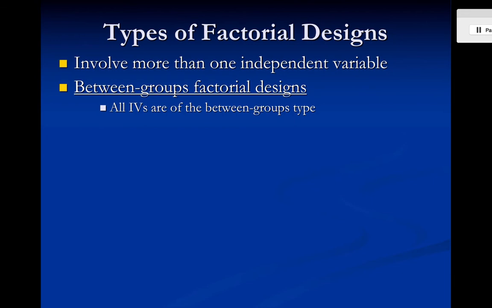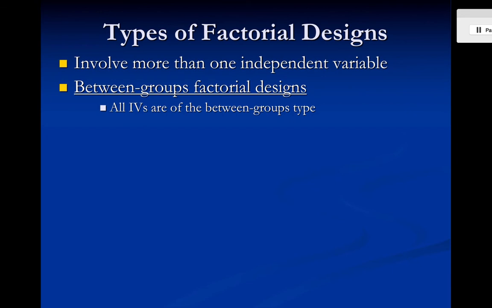What does this mean for me? It means that my first independent variable requires participants to only be in one group of that independent variable. My second independent variable requires that participants can only be in one group of that second independent variable. If you're probably thinking to yourself now, okay, I'm totally confused, let's go back to our previous discussions of between groups designs.